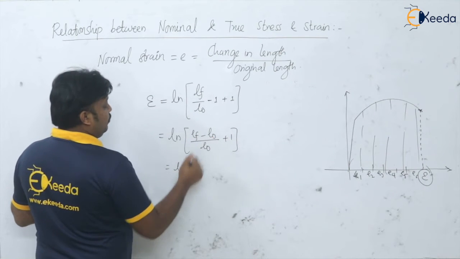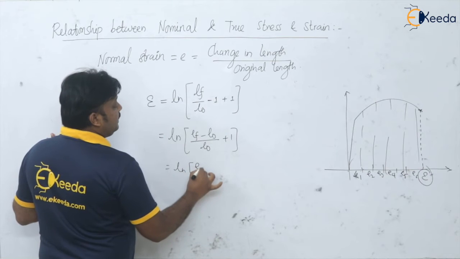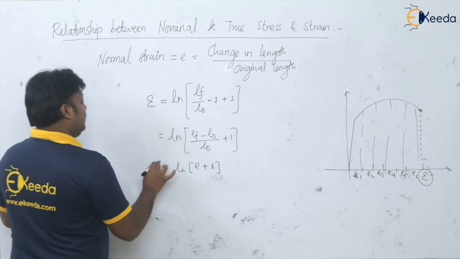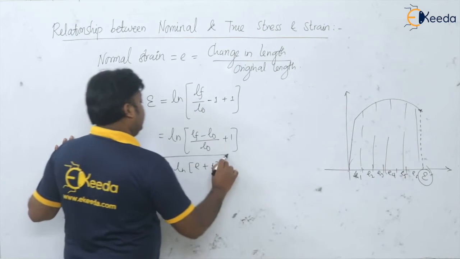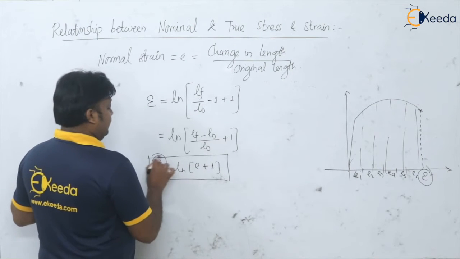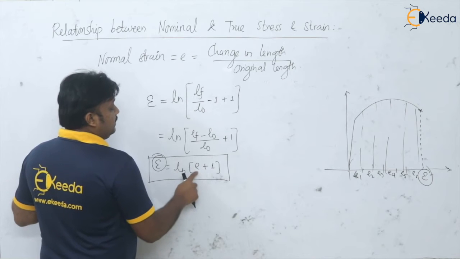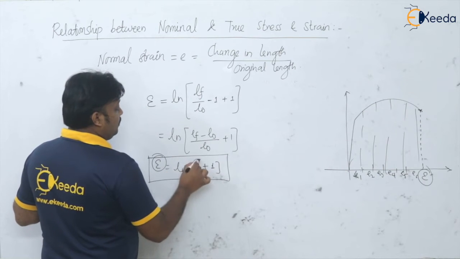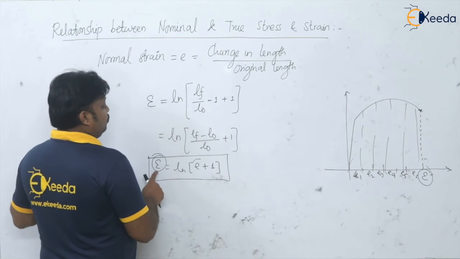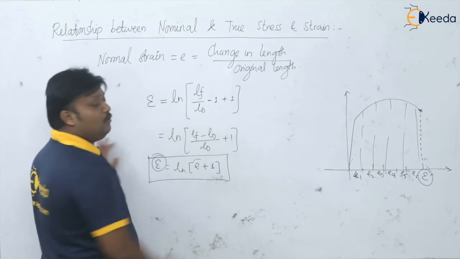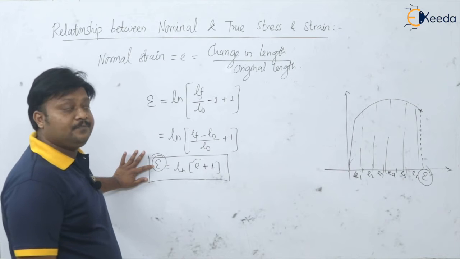Change in length divided by original length, that is nothing but E, our normal strain, plus 1. So epsilon is the true strain and E is the normal strain. This is the relation we get between the true strain and the normal or engineering strain, isn't it?